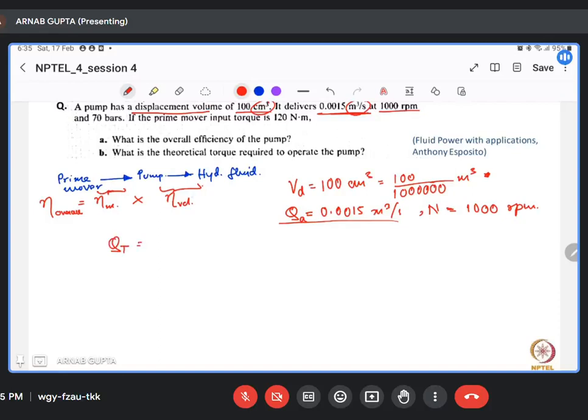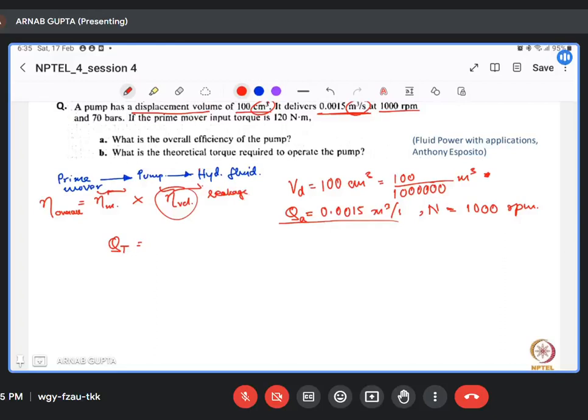Like, had there been no losses during the pumping of the fluid. Losses can occur due to a couple of reasons, like leakages.